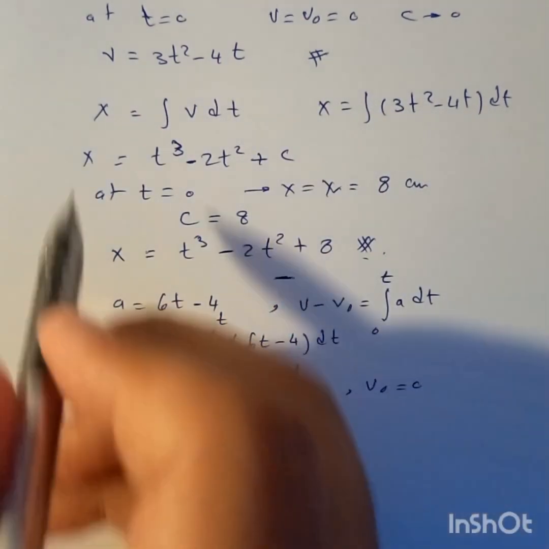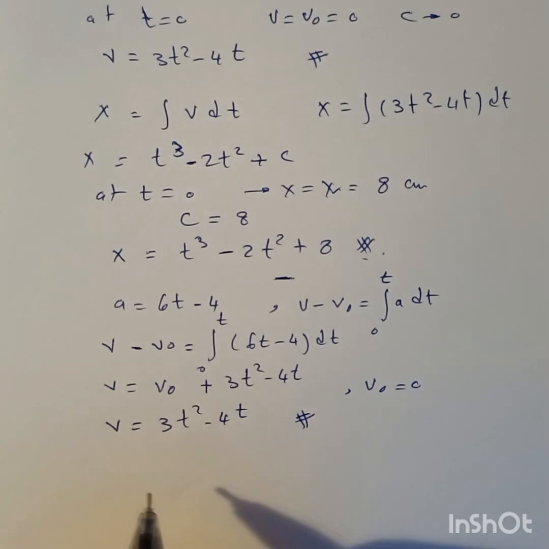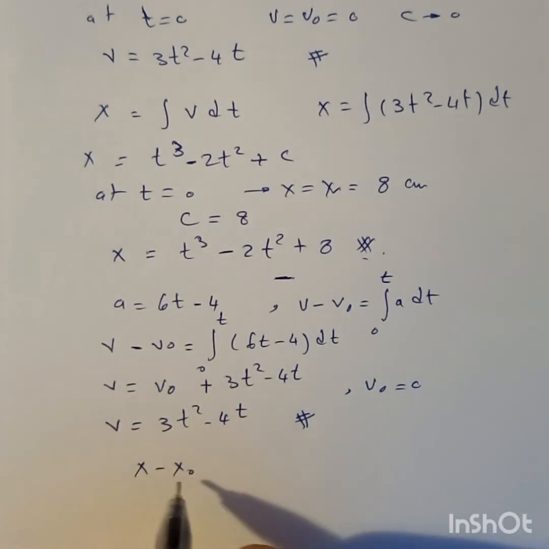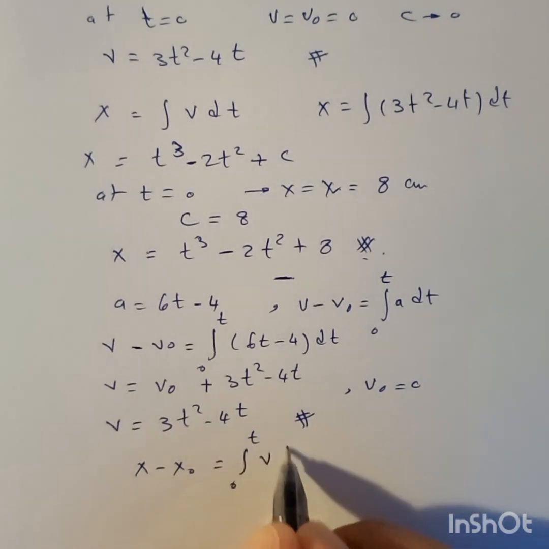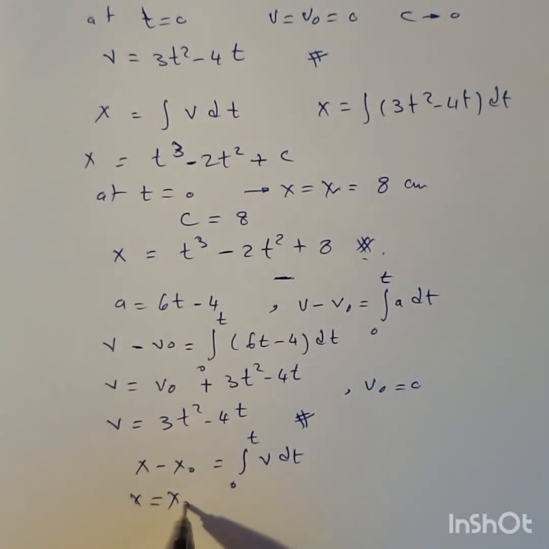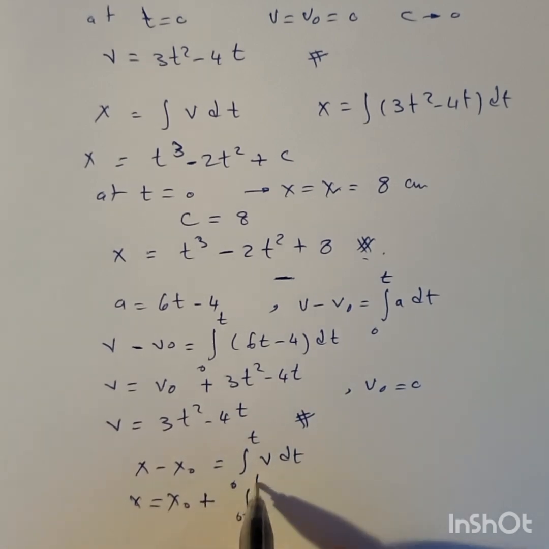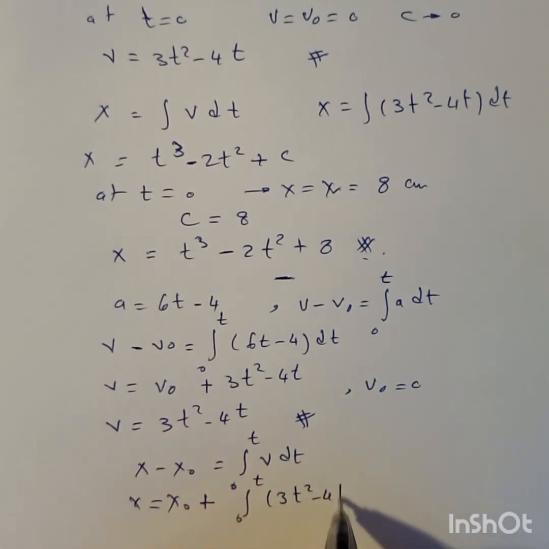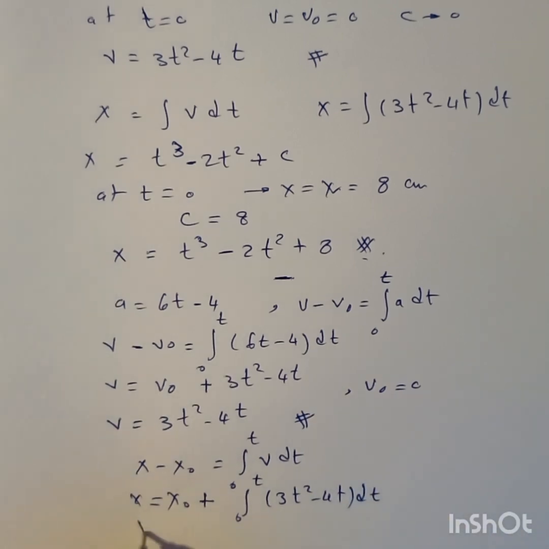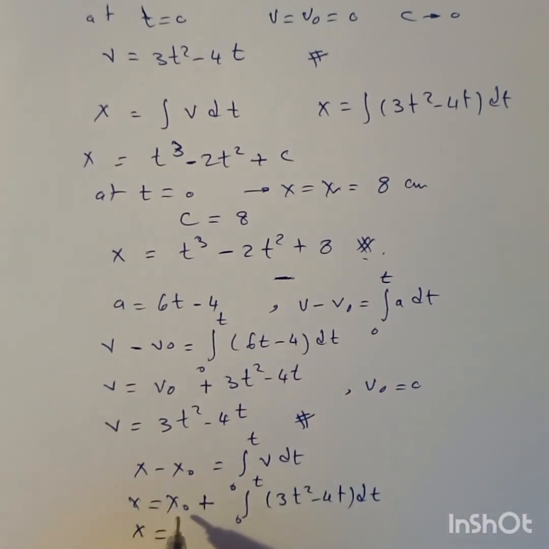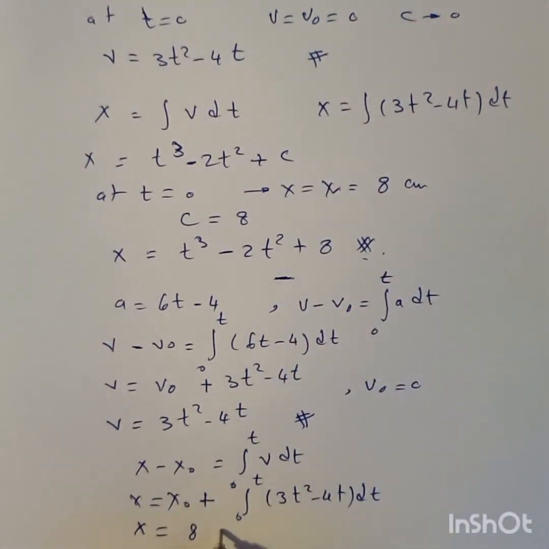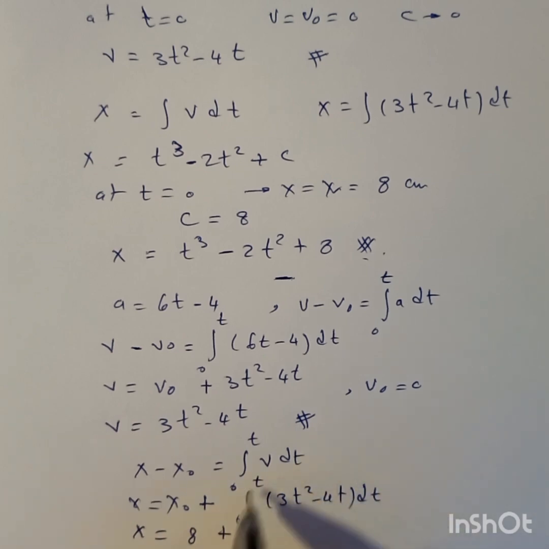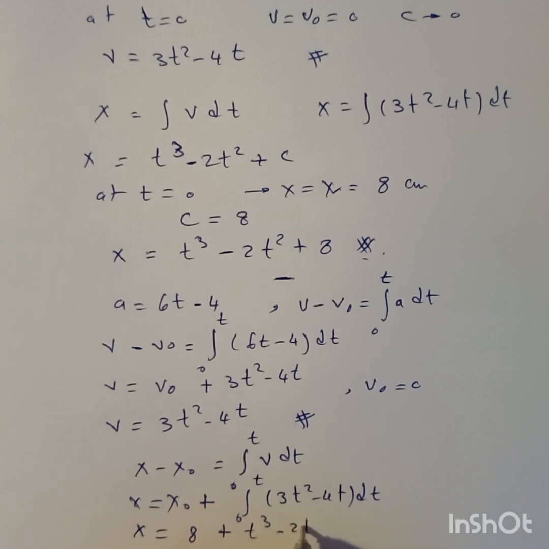Also we can find displacement by using a definite integration. We have x minus x naught, or s minus s naught, equals integral from t equals 0 to t of v dt. Then we have x equals x naught plus integral from 0 to t of 3t square minus 4t dt. Then we have x or displacement equals x naught, here 8 meter as given in the problem, plus, by executing this definite integration, t power 3 minus 2t square.